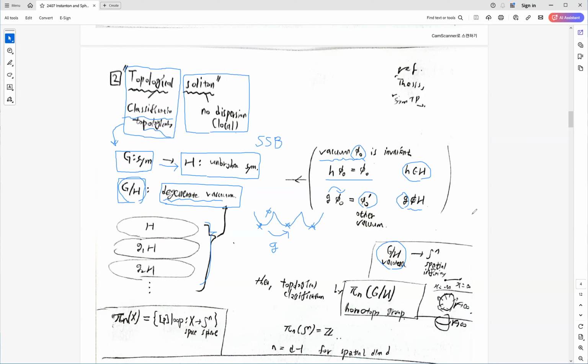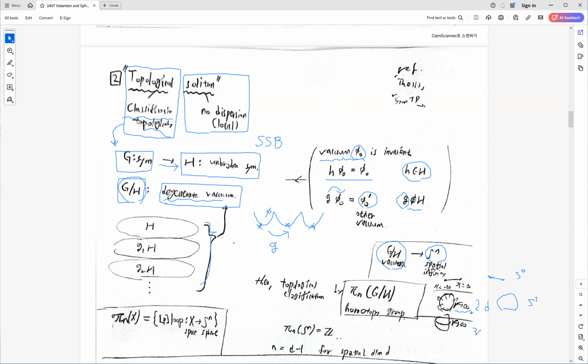The spatial infinity in n-dimensional space can be represented by the sphere S^n. So there is an isomorphic mapping between the spatial infinity and this n-dimensional sphere. For example, in 1D, there is x equal to minus and plus infinity, which corresponds to S^0. In 2D, R going to infinity corresponds to just a circle.